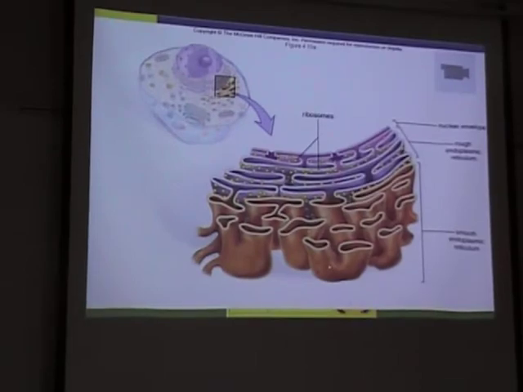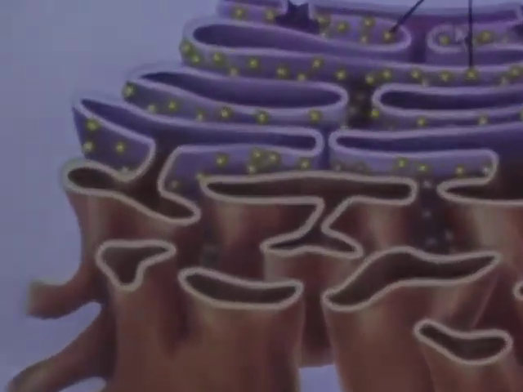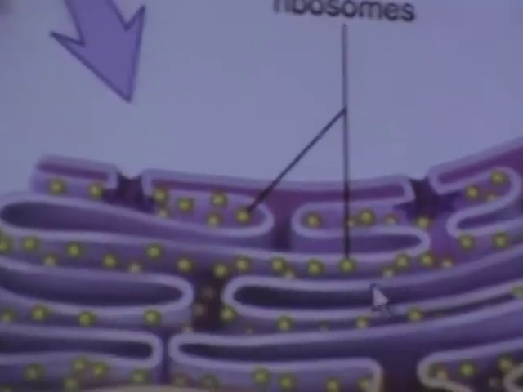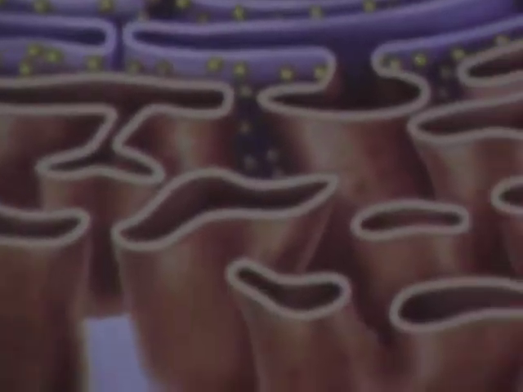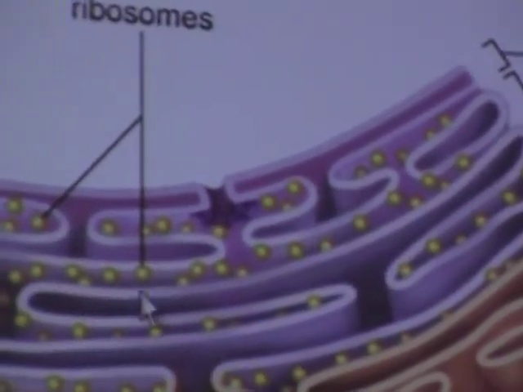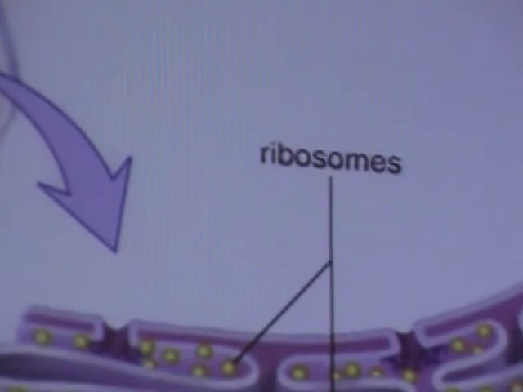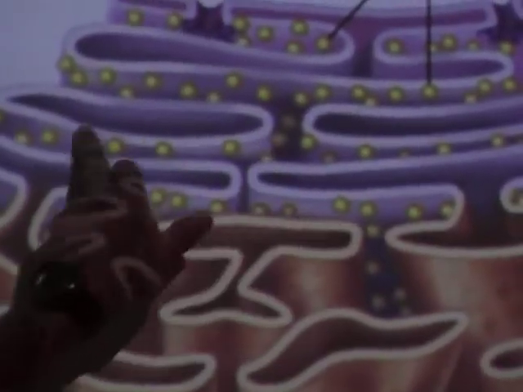And right here, you see them up close. There's this membrane here, this purple membrane. That's the endoplasmic reticulum. It's a phospholipid membrane inside the cell that is covered with ribosomes. And the ribosomes create the proteins and squirt the proteins into the endoplasmic reticulum.